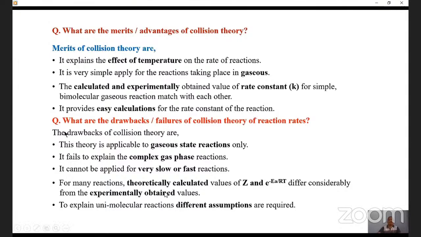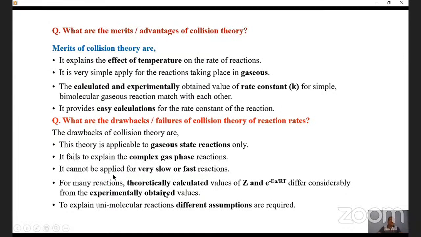Now then, what are the drawbacks or failures of collision theory of reaction rates? The first drawback is that this theory is applicable only to gaseous state reactions. Then this theory fails to explain the complex gas phase reactions.